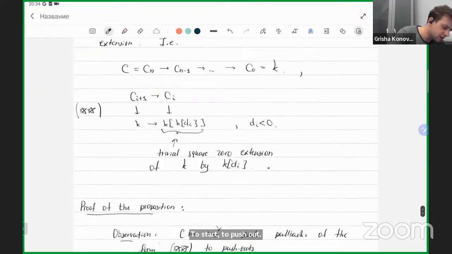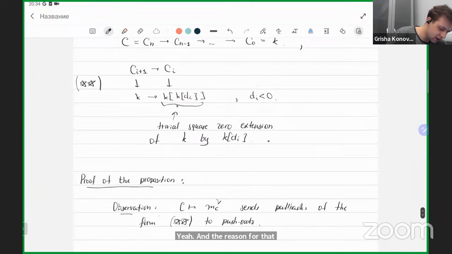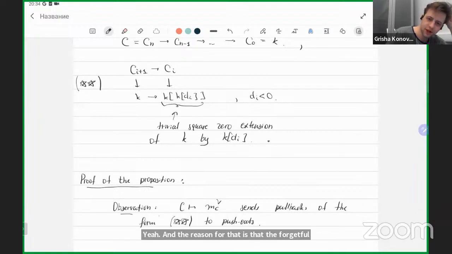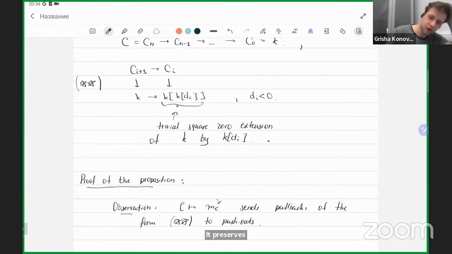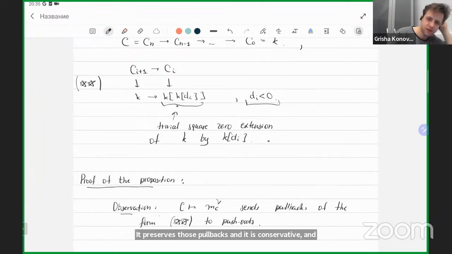And the reason for that is that the forgetful functor from the category of Artinian algebras to the category of differential graded vector spaces preserves those pullbacks, and it is conservative, and it preserves this particular type of pullbacks because of this condition.